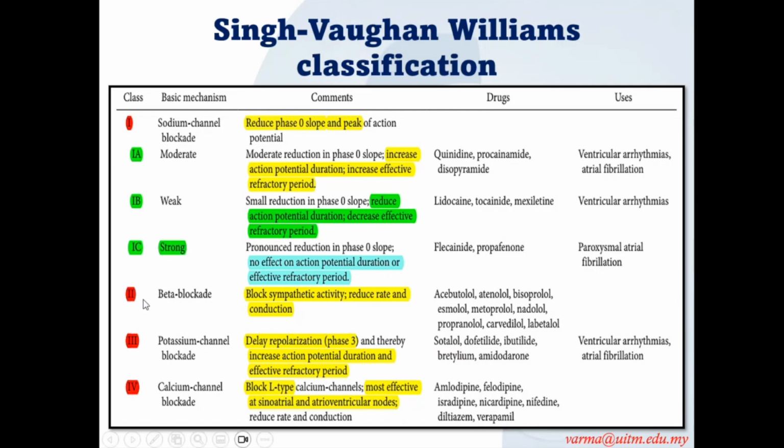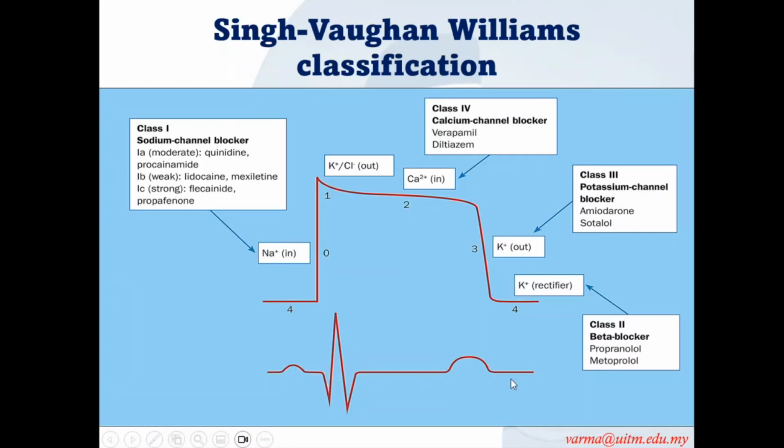Next, we come to beta blockers. Beta blocker, we know, is a sympathetic blockade. Beta agonism is sympathomimetic, whereas beta blockade is sympatholytic. They block the sympathetic activity, so they reduce the heart rate and reduce conduction overall. So that's why they act here, this last part.